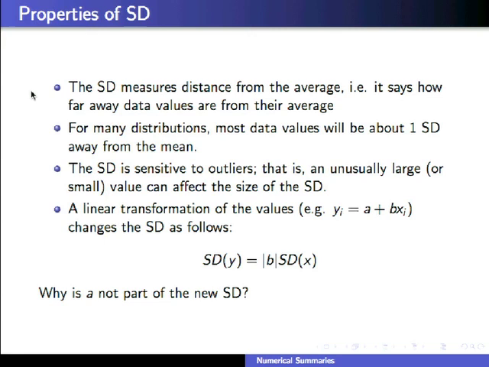Linear transformations. If I take my data and I multiply it by something and I add on something, so I multiply it by some value B and I add on A, how does the SD change? I've got the answer there already, but let's think about what it means. What the SD means is how far away my typical values are.